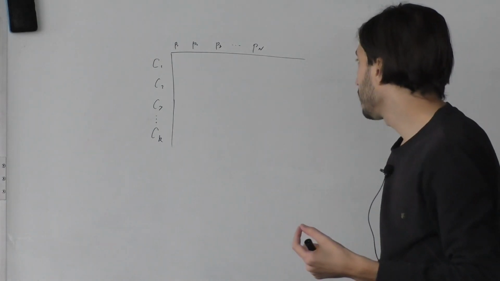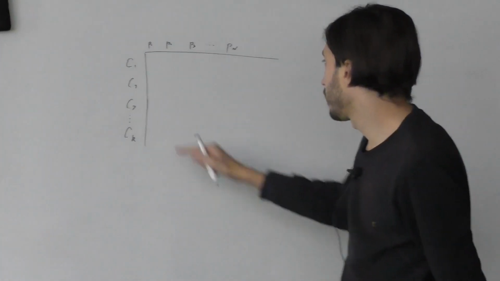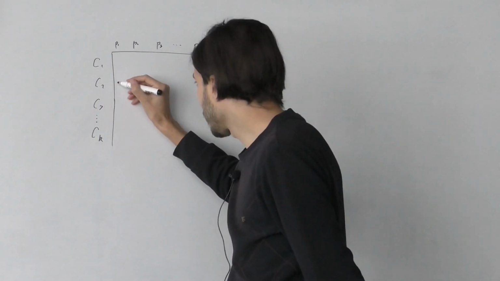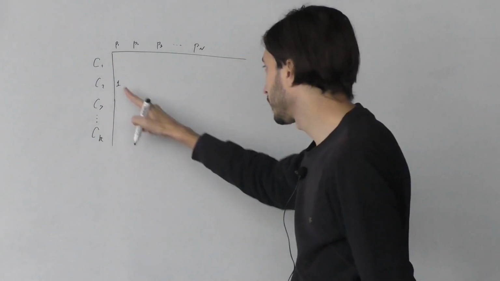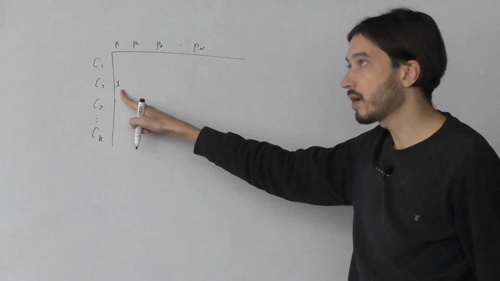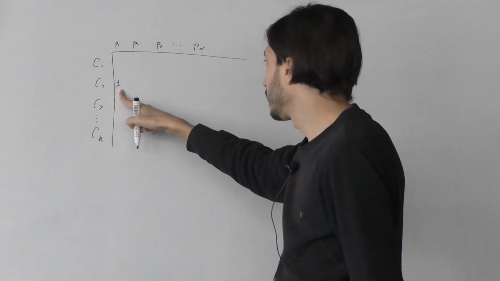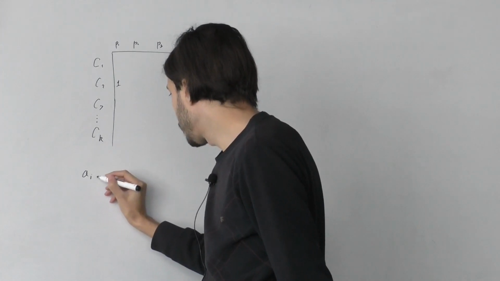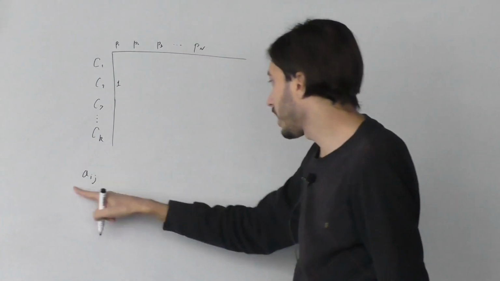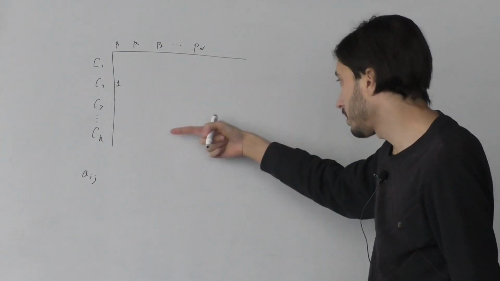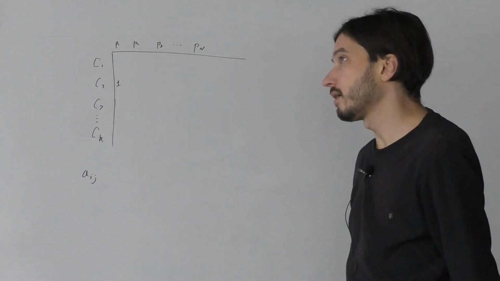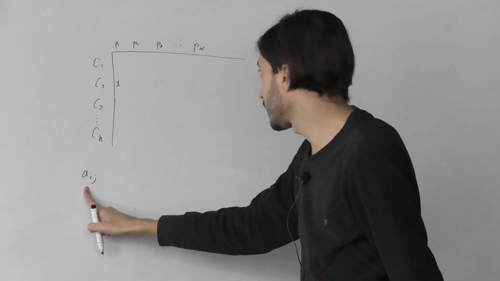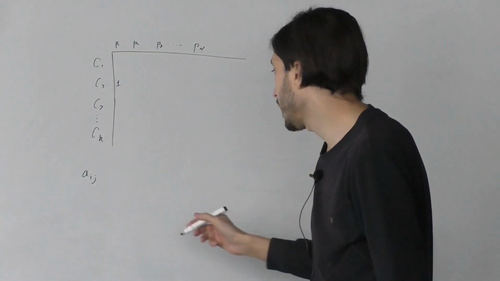If I am prescribing, for example, point 1 to cluster 2, I'm saying that I have number 1 here. So here is my number 1, and this is my point. These a_ij are my parameters living in this table, where i corresponds to the point I have.